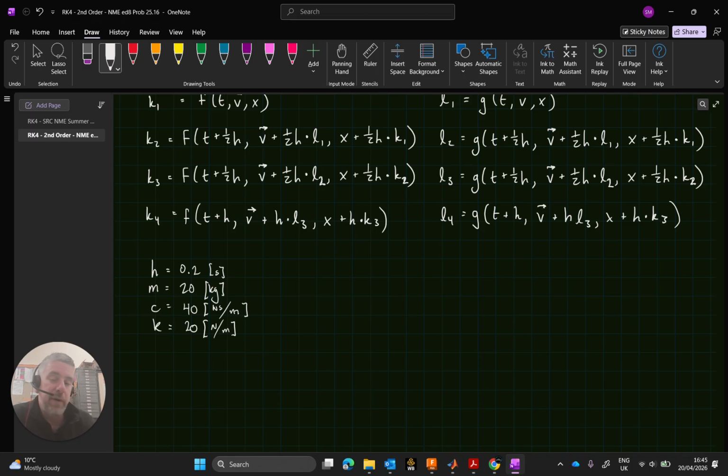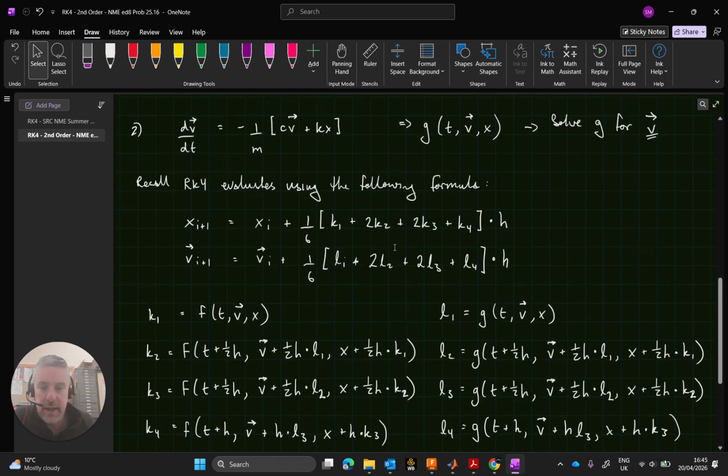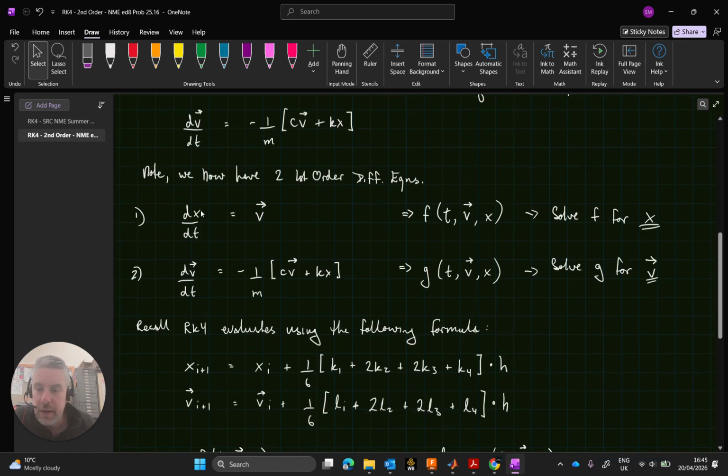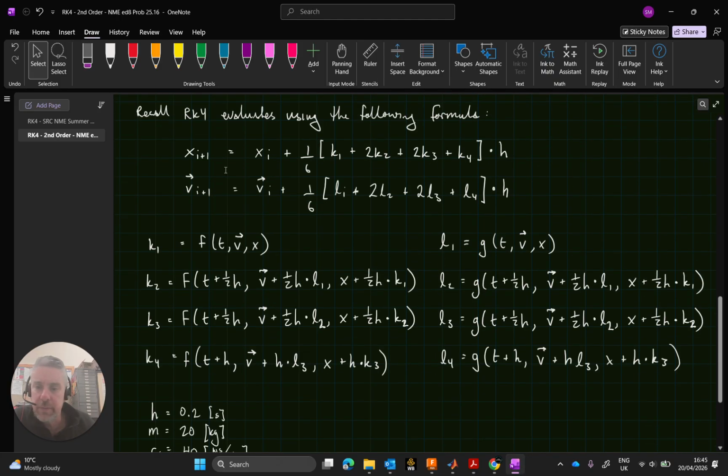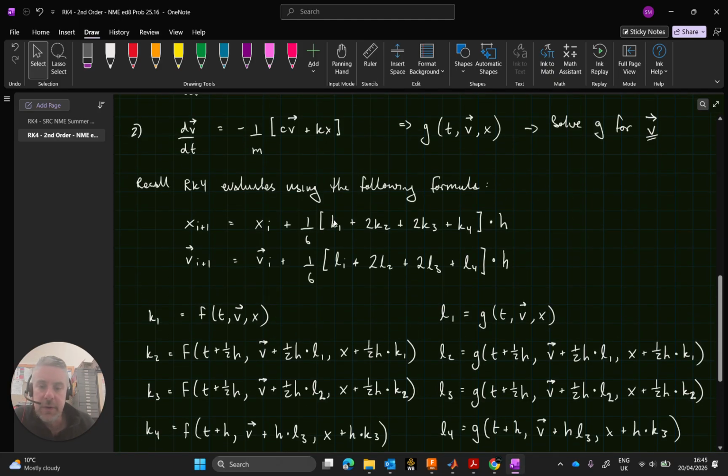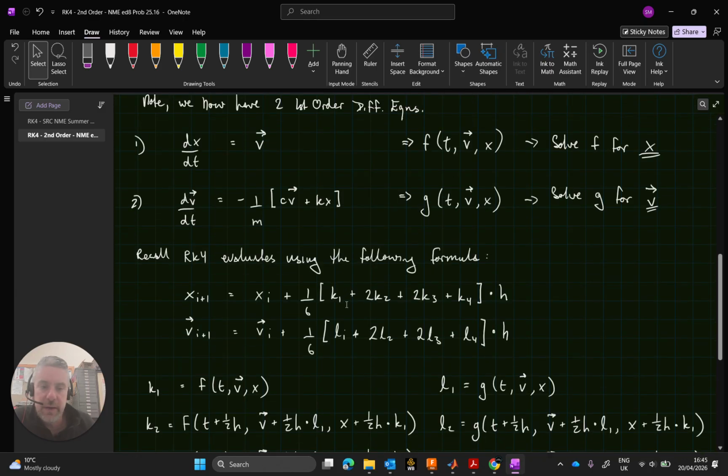So if you just bear with me, I'm going to swap back to my mouse so I can do some scrolling, just in case you missed that detail in the first video. There we are, dx dt was v, which was what my function value is. So solving my f's, I'll be getting an x value. So when I'm looking for my x's, I'm going to be using my f function, which is attributed to the k's.